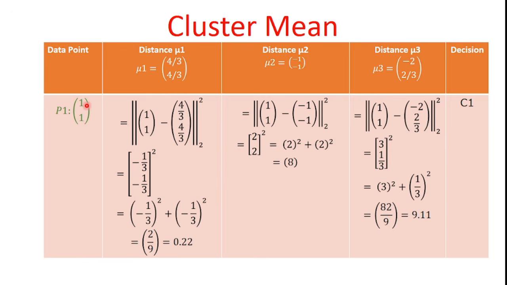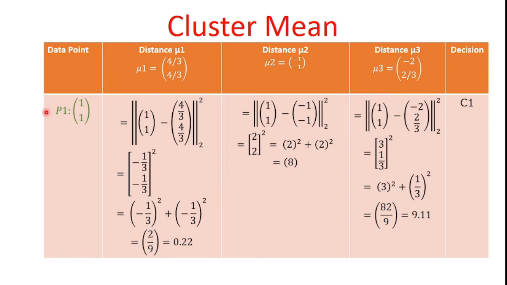Our first data point is 1, 1 minus the first cluster mean, that is 4 by 3 comma 4 by 3. If you simplify this, 1 minus 4 by 3 is equal to minus 1 by 3, and the same for the other coordinate. Taking the square of each, you will get minus 1 by 3 whole square plus minus 1 by 3 whole square, which gives 2 by 9, equal to 0.22.